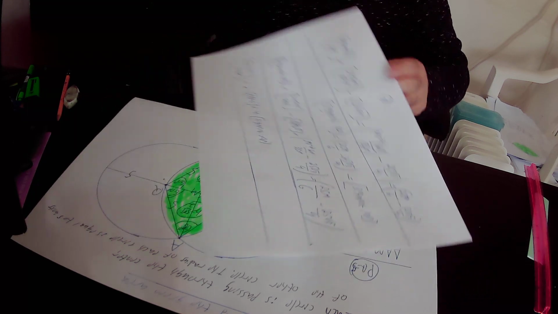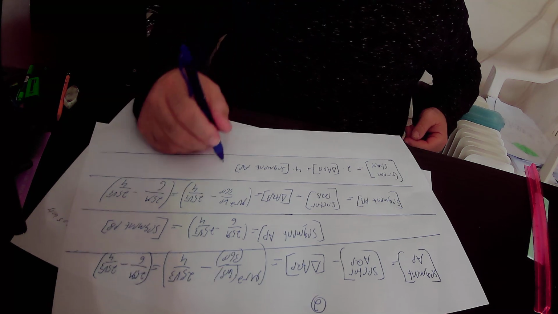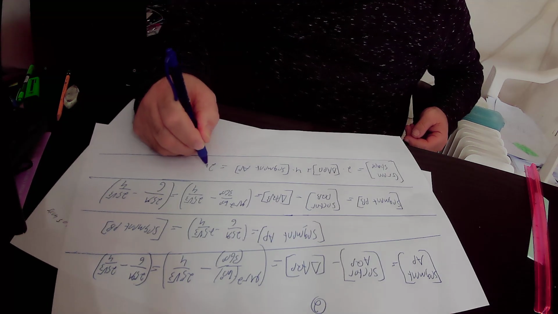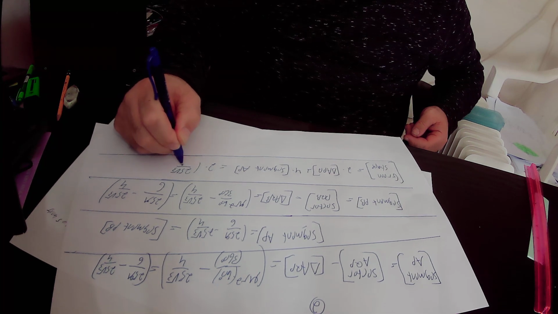And we have already found that the area of triangle APQ is equal to 25 times square root of 3 over 4.